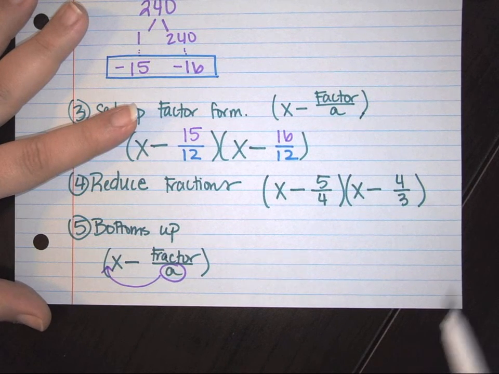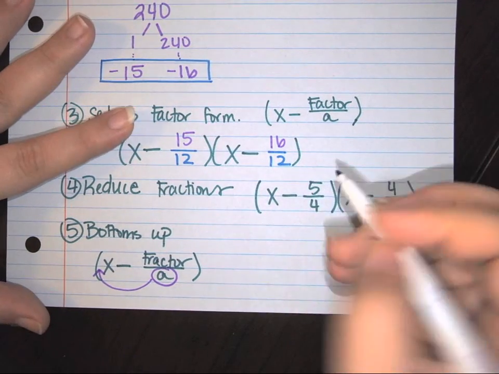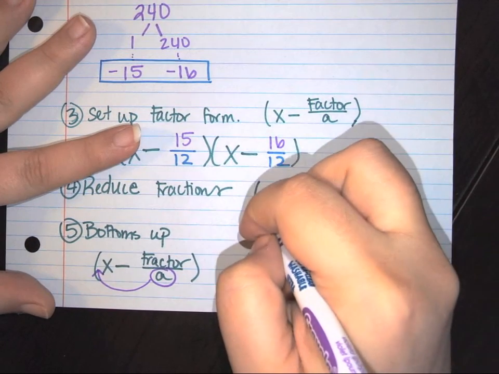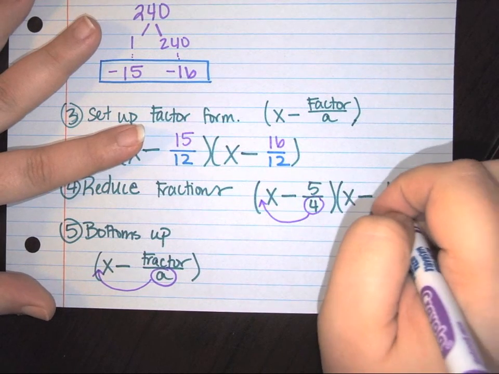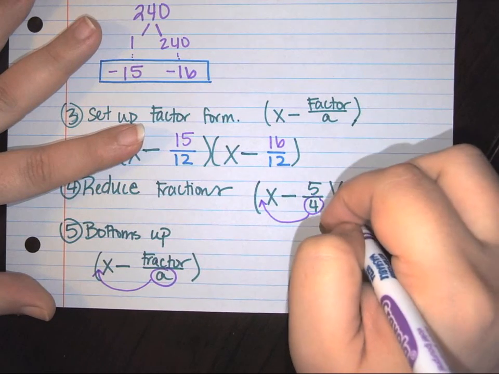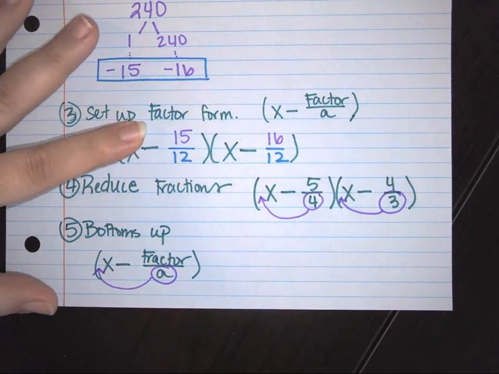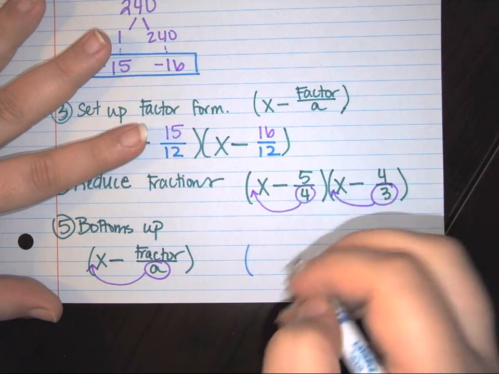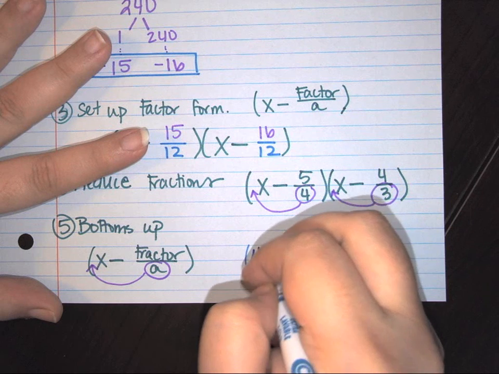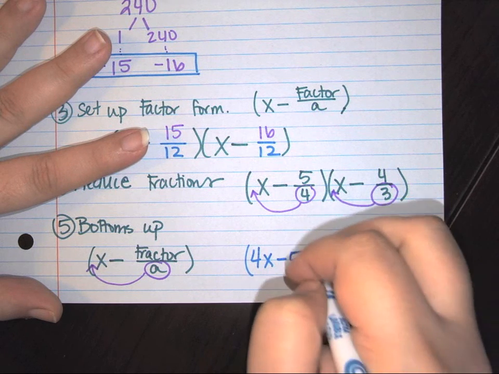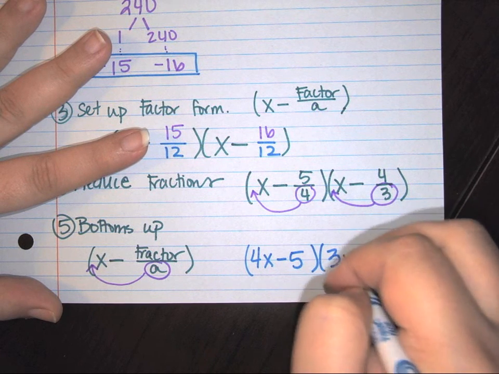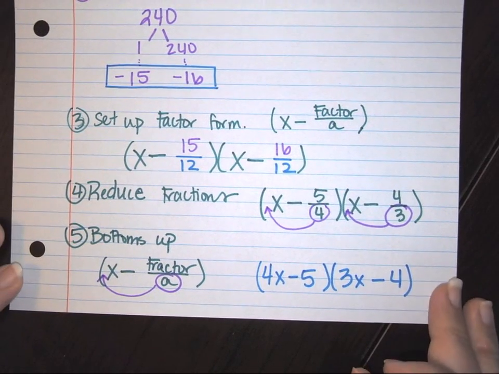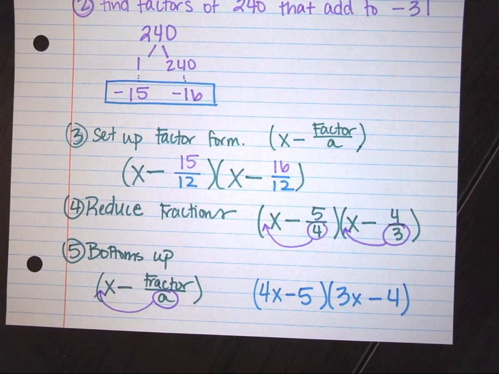Okay? So here in our equations, this 4 is going to shift up and pair with the x, and my 3 is going to shift up to pair with the x, thus giving me the overall result of 4x minus 5 times 3x minus 4. And that is your bottoms up method in a snapshot.